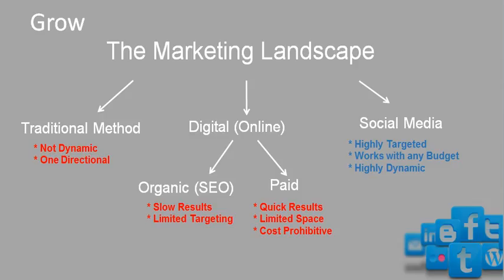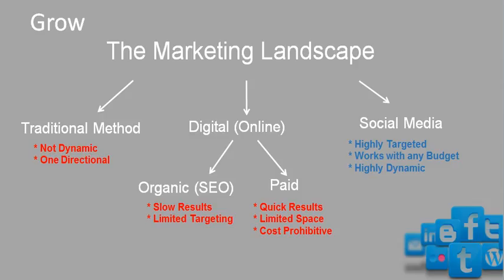One of the challenges with this traditional method of marketing is that it's not dynamic, in the sense that the method of communication is one direction, going in a single direction. It doesn't allow your audience, or the recipients of your message, to communicate back to you.